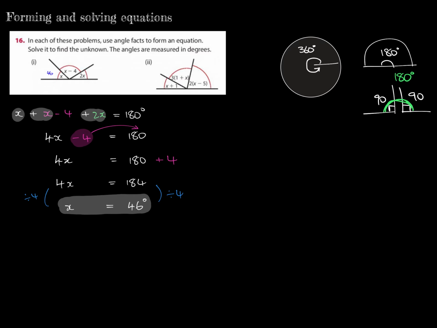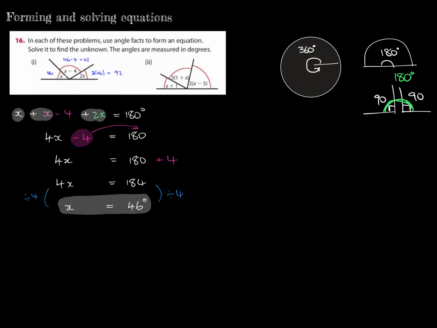This one here would be 46 minus 4, so that would be 42. And this one here would be 2 times 46, which is 92.